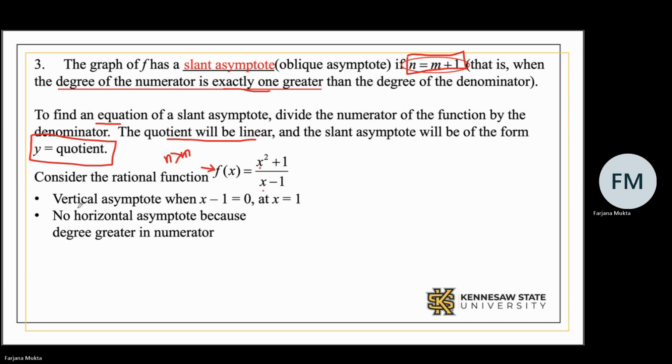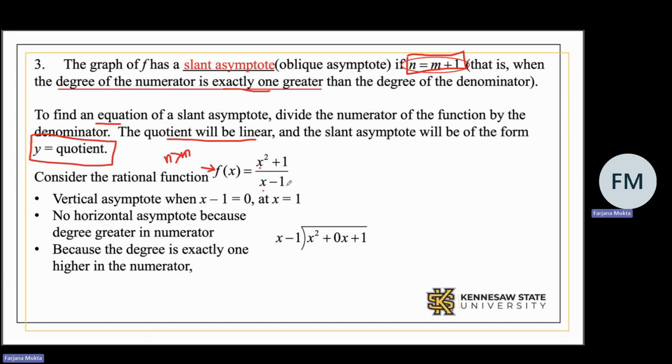No, there is no horizontal asymptote. Next, the slant asymptote. Do we have any slant asymptote? Again, the degree of the numerator is exactly 1 degree higher than the degree of the denominator. So yes, we do have a slant asymptote. Now we'll find the slant asymptote by dividing the numerator by the denominator.